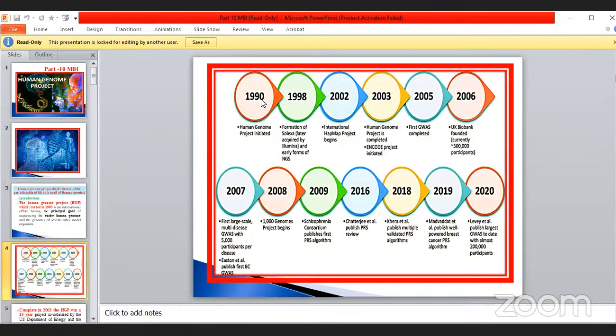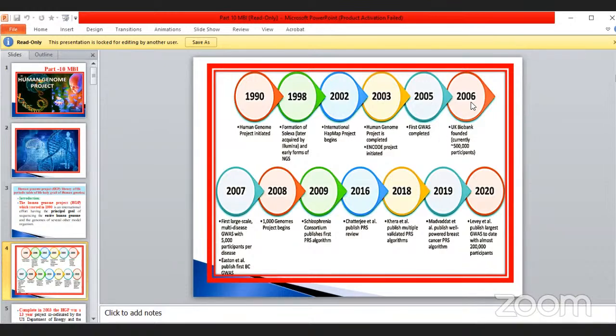So this one started in 1990. When they finished it, the ENCODE project was initiated. And then in 2005, the first GWAS was completed. What is the meaning of GWAS? Genome-wide association study. We can refer to Google; I only collected the information and years.